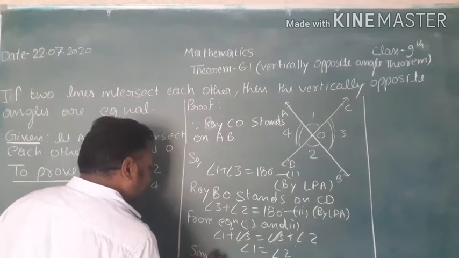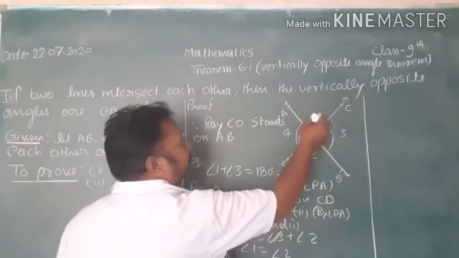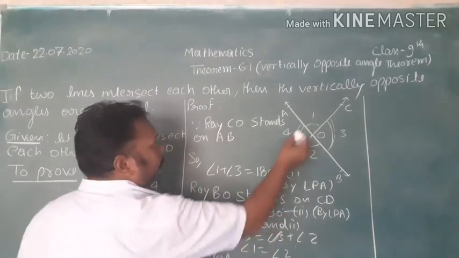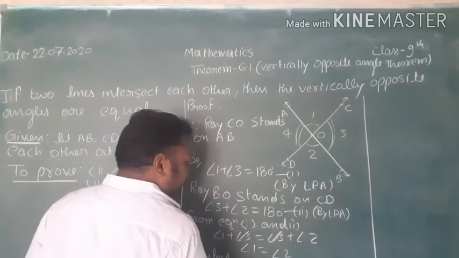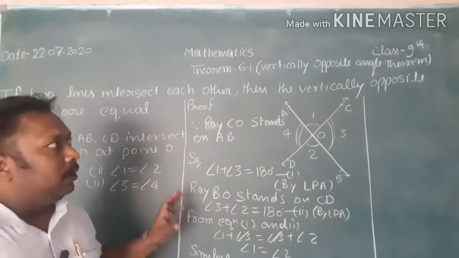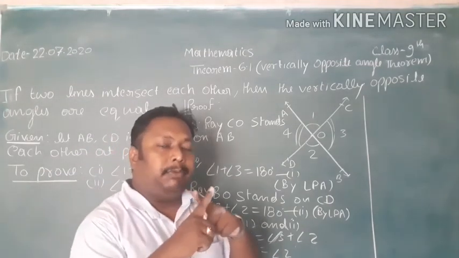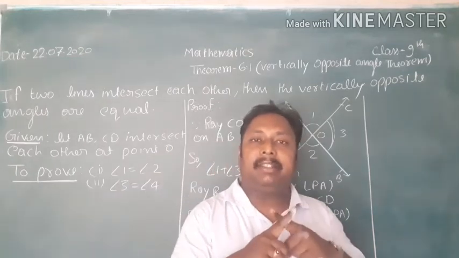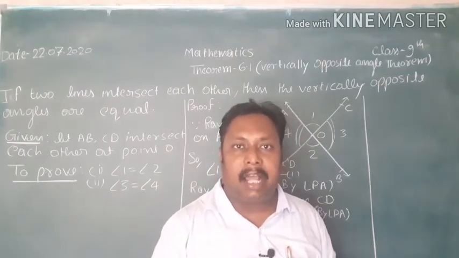Similarly, here we prove 1 equal to 2. Similarly, 3 equal to 4. Hence proved. So in this theorem, we prove that if two lines intersect each other, then their vertically opposite angles are equal.